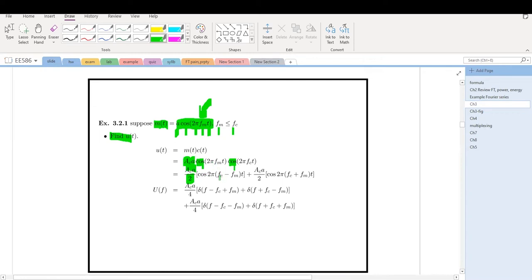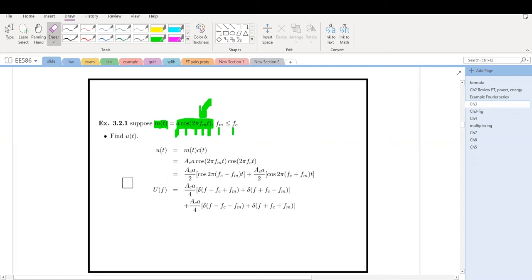The angle difference will be fc minus fm t, and then the angle sum. Then you sum them up and divide by 2. Here I have already taken this coefficient out for each cosine signal, just for convenience.